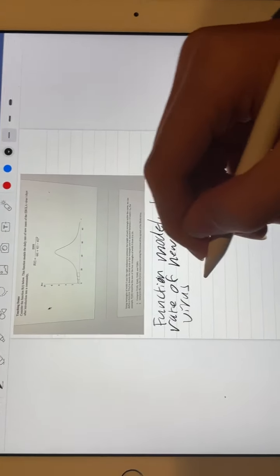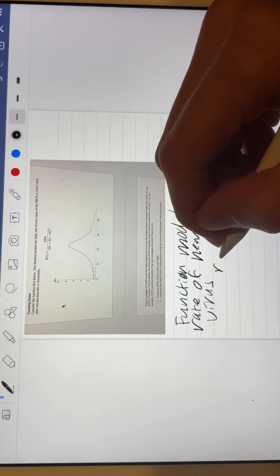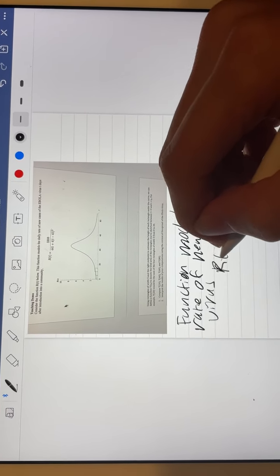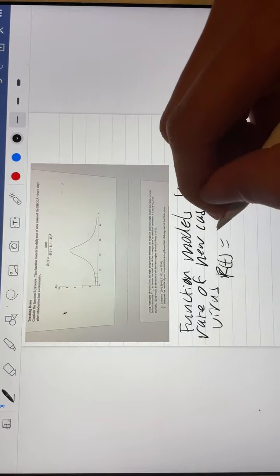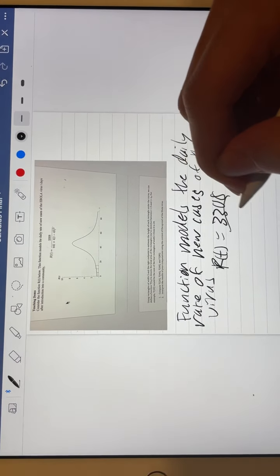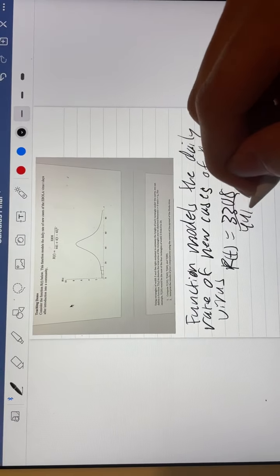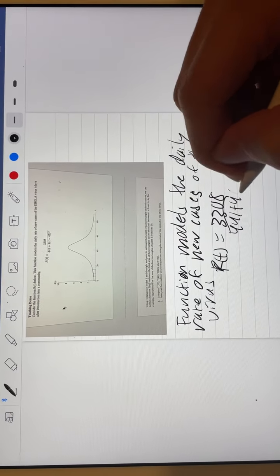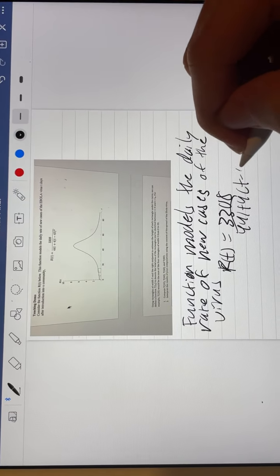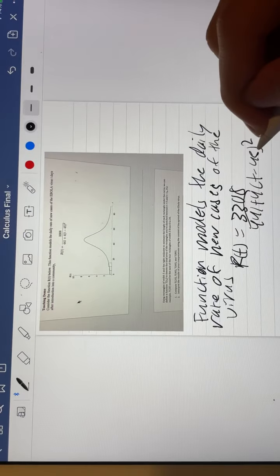So the equation is capital R(t) equals 3,308 over 441 plus 4 multiply t over 45 over 2.